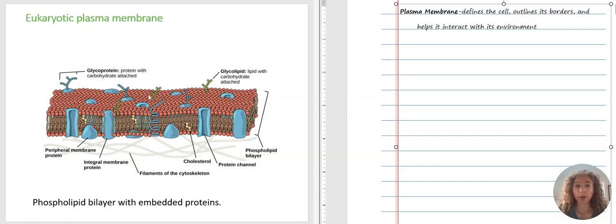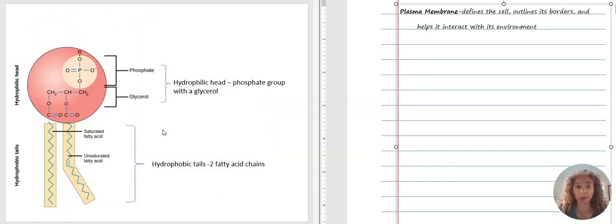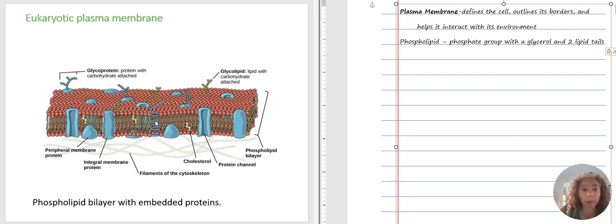Plasma membranes are made up of phospholipids. And a phospholipid consists of a phosphate group and a glycerol with two lipid tails. And these are going to be oriented in a specific way. So you can see all of these little balls at the top here. Those are going to be the phosphate heads.